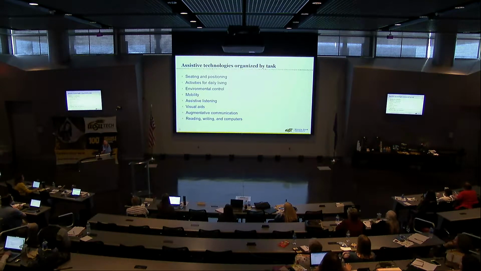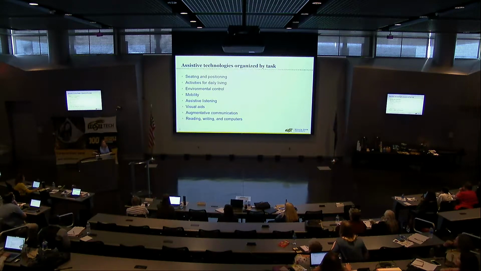They can be organized by task. We don't want to spend too much time thinking about this because most of these are non-educational purposes, but I just want to give you an idea that assistive technology is this huge spectrum, right? So assistive technologies, as we have this, seating and positioning, things for daily living, things to control your environment or improve your mobility. Assistive listening technologies do come up in an educational environment all the time. Visual aids, augmentative communication.